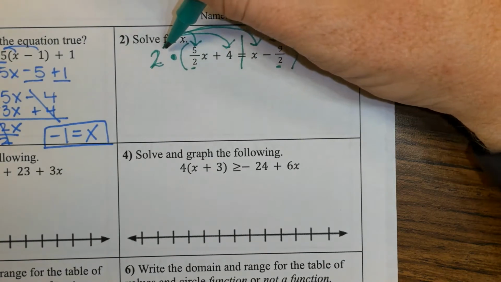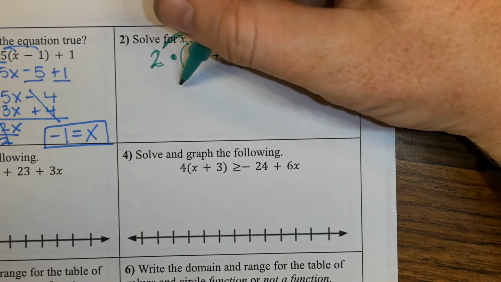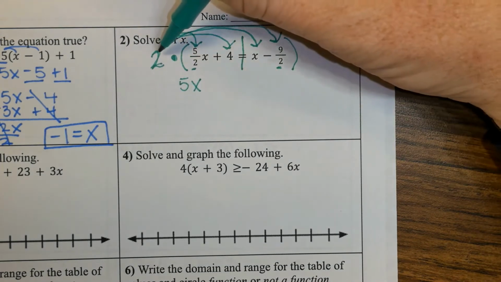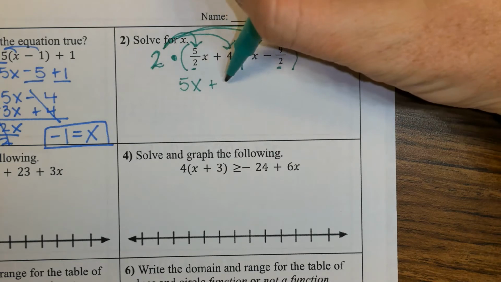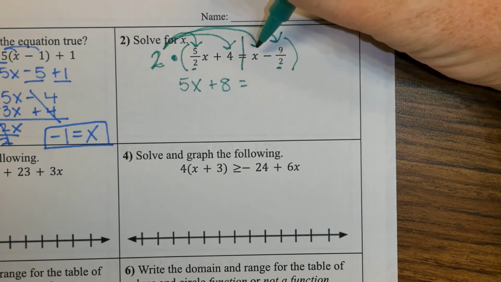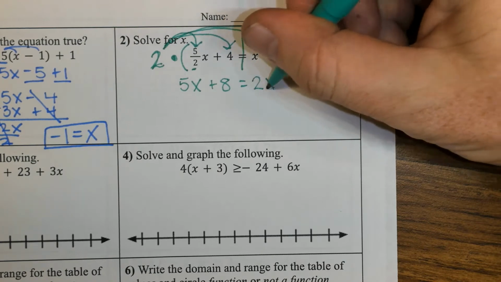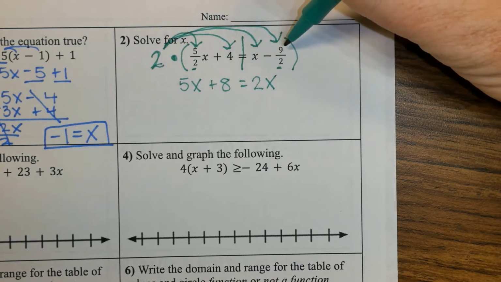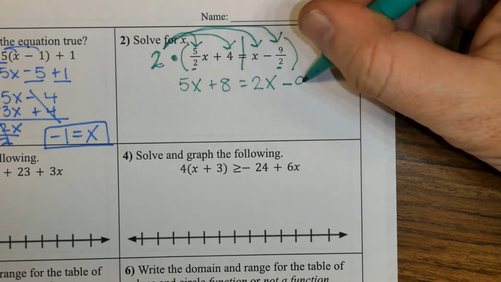So if I do 2 times 5 over 2x, you get 5x. If I do 2 times 4, you get 8, equals 2 times x gives me 2x, and 2 times negative 9 over 2 gives me negative 9.